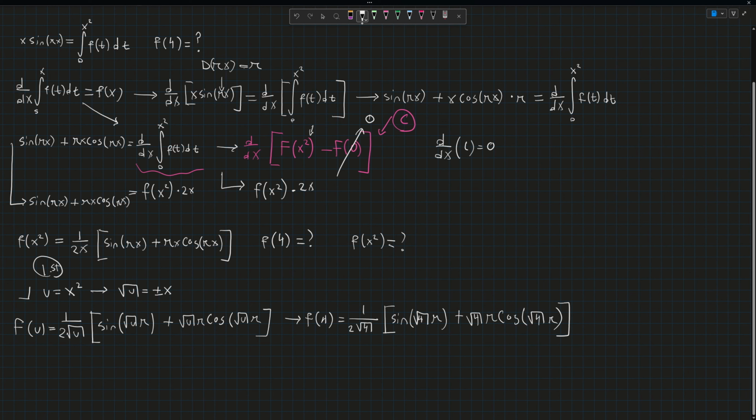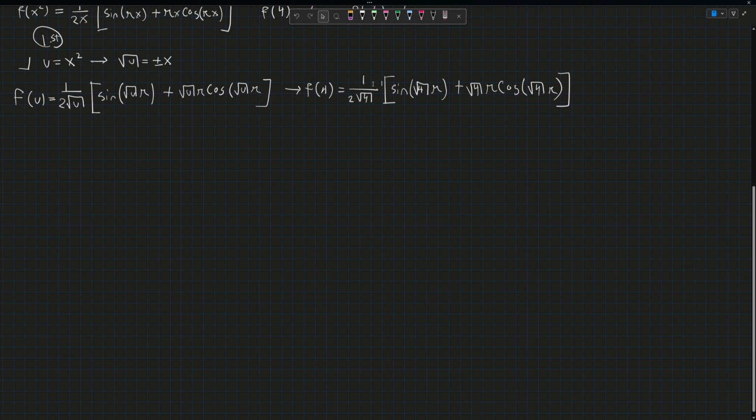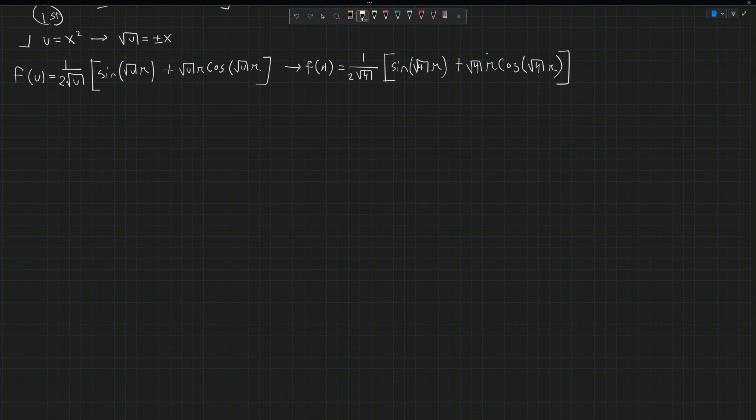Let me scroll down. This is 2 times 2 over 1, and the square root of 4 times pi is just 2 pi. Sine of 2 pi is just 0, plus 2 pi here, and cosine of 2 pi just equals 1.